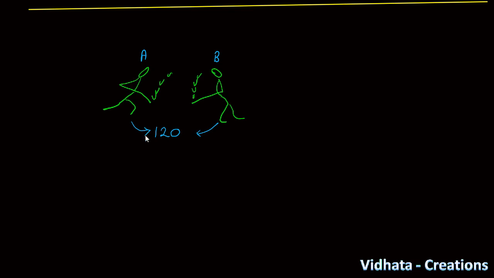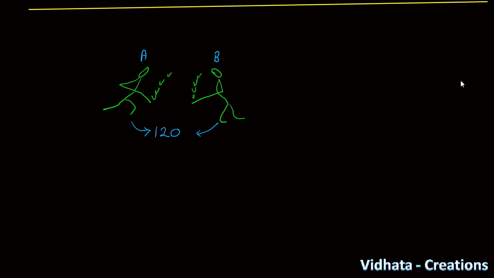In this situation, we are in need of two variables. Why? Because in all together they have planted 120 trees, but individually how many trees A has planted and how many trees B has planted, we don't know.